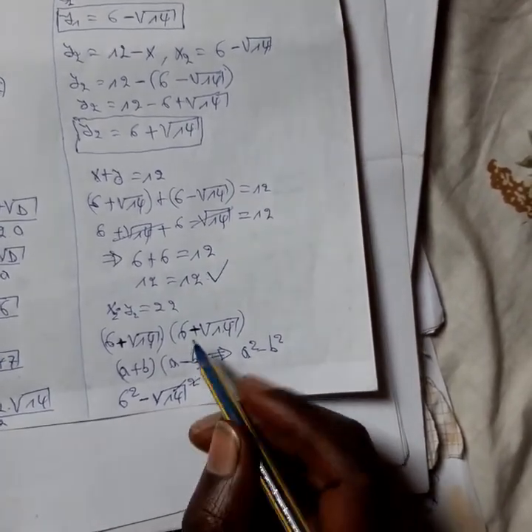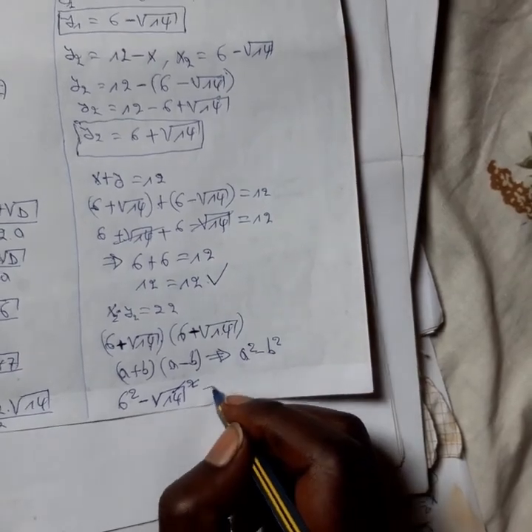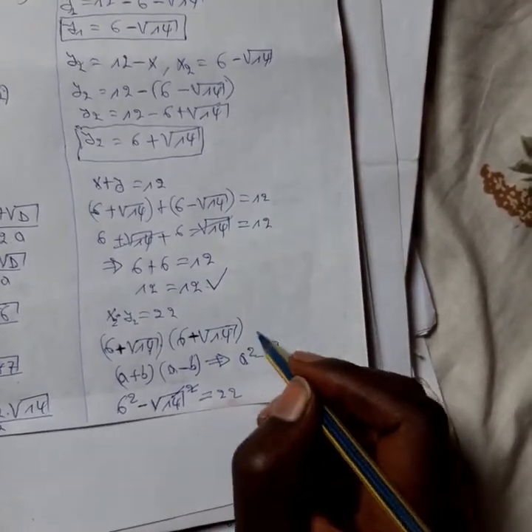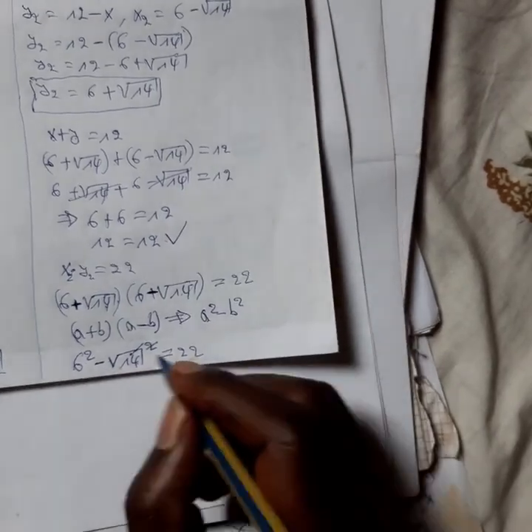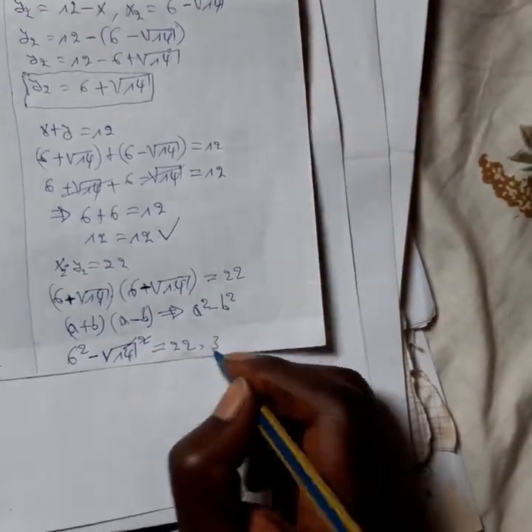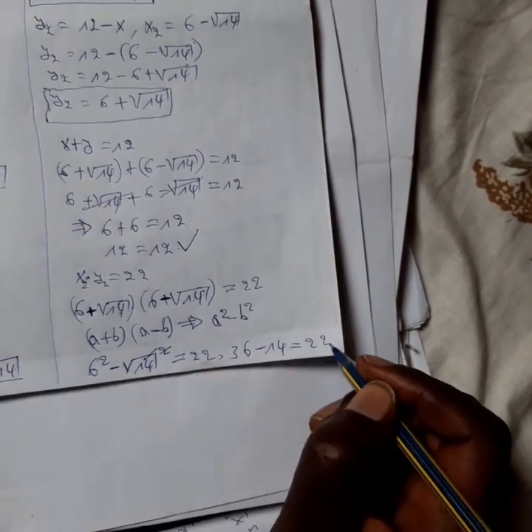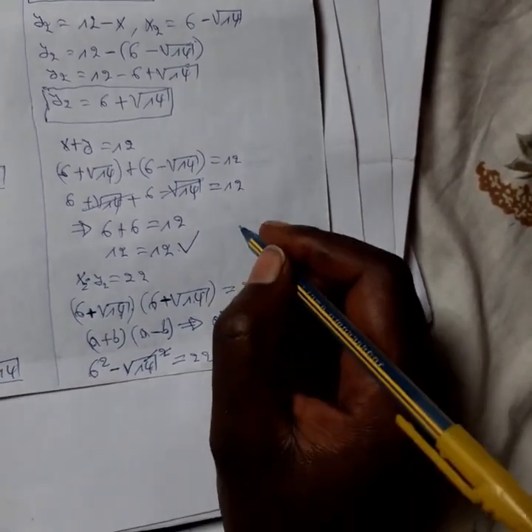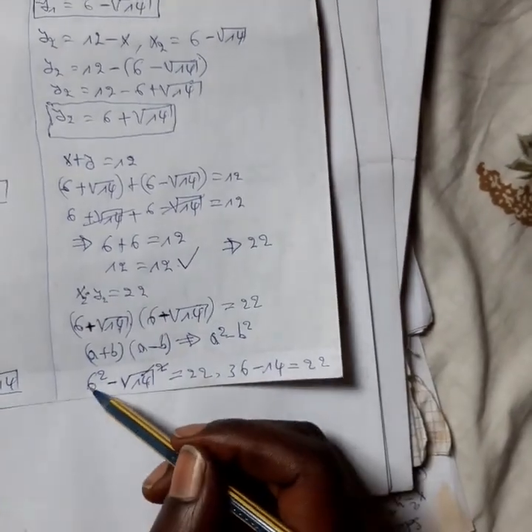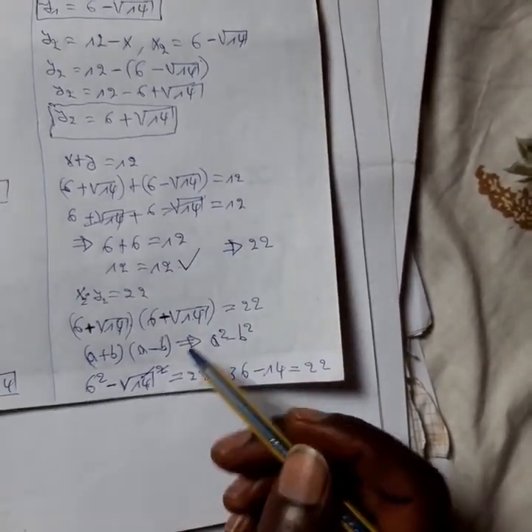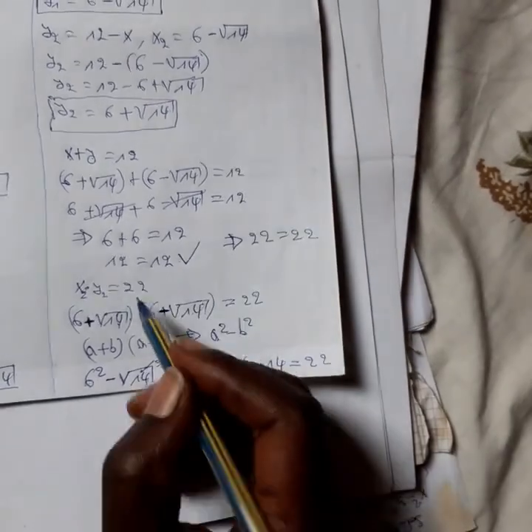Then we remain with 6 squared minus 14, and it is equal to 22. Then we'll get 6 squared, it is 36, minus 14, it's equal to 22. So the answer will be written here.